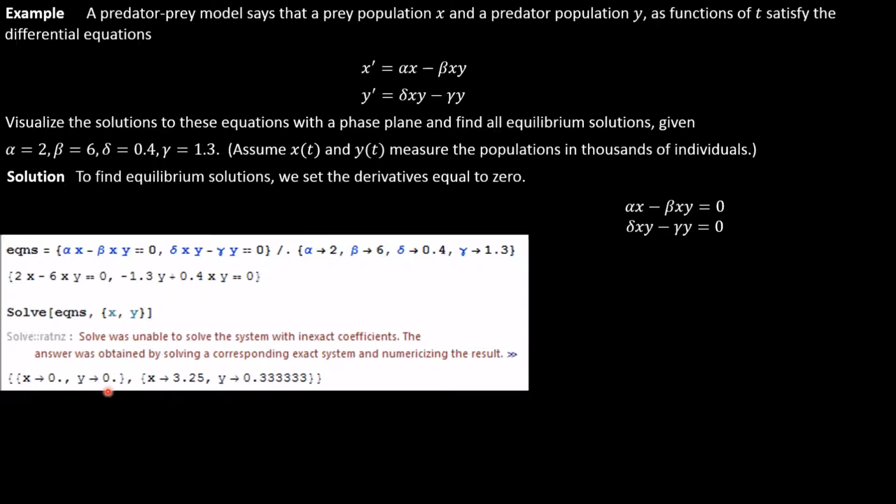This equilibrium means both populations are extinct. That's clearly an equilibrium. Neither population would be changing if they were both extinct. On the other hand, there's one other fascinating equilibrium point. It's here when we have 3,250 prey and 333 predators.